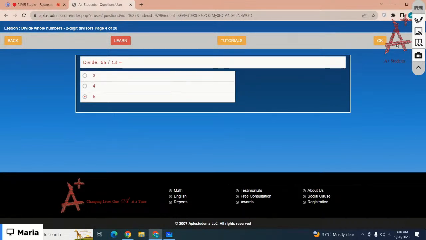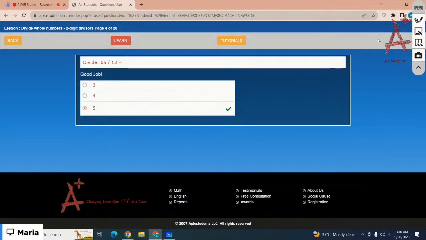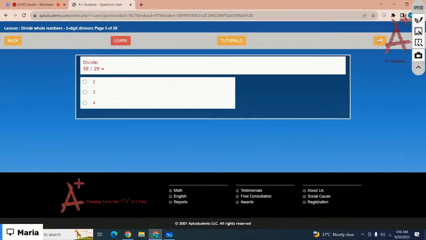The correct option is 5, right? 58 divided by 29, which is the correct option. 29 times 2 is 58, right? So the correct option is 2.